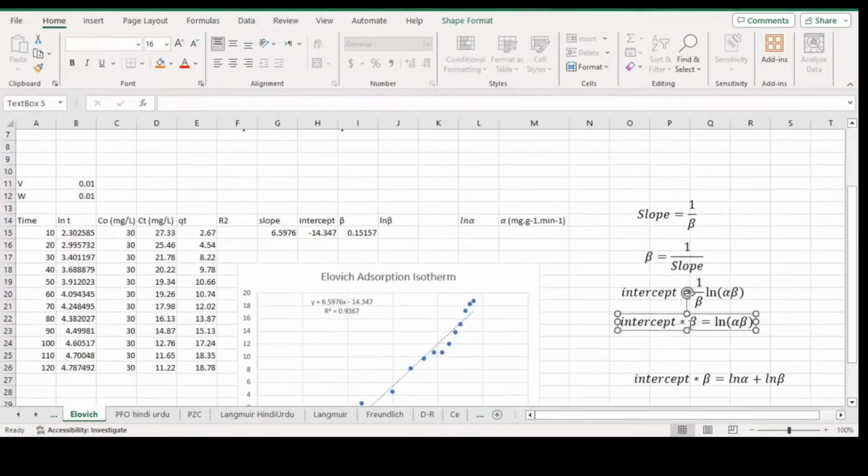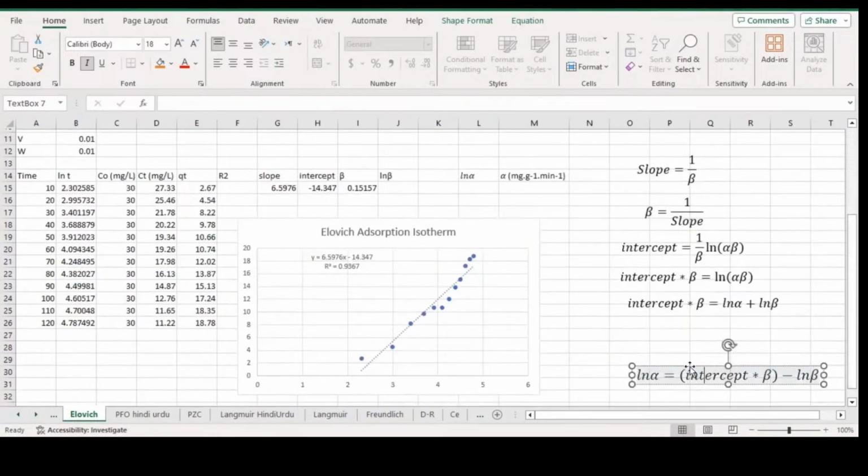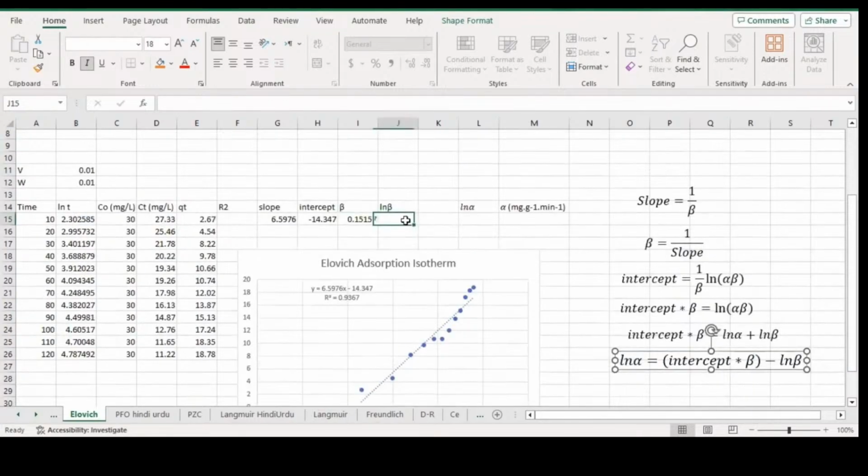We can manipulate this equation, and intercept into beta will be equal to ln alpha plus ln beta. As we already have the beta value, our ln alpha will be equal to intercept into beta minus ln beta. So first we will calculate the ln beta value. Our ln beta will be equal to ln of the beta value.